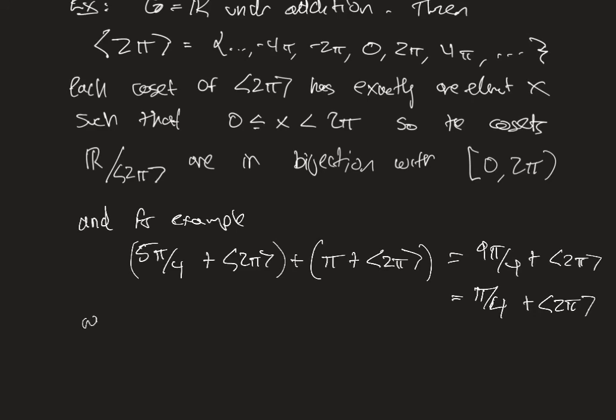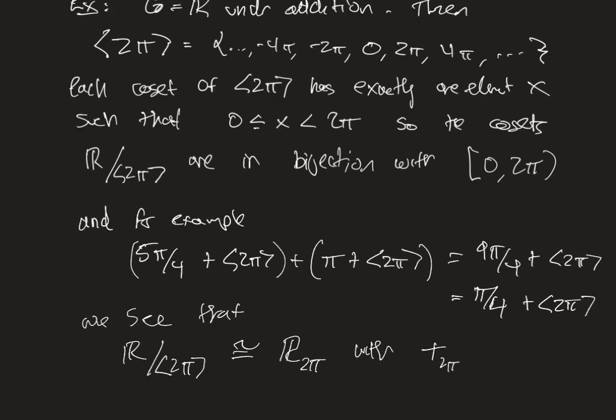So we see that this factor group, R mod <2 pi>, is isomorphic to our set R sub 2 pi with addition modulo 2 pi, way back from before. Okay, so this concludes this video, so why don't you go in and do some practice problems about factor groups that arise from normal subgroups. Thanks for your time.